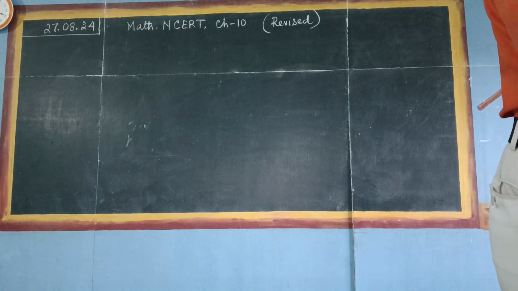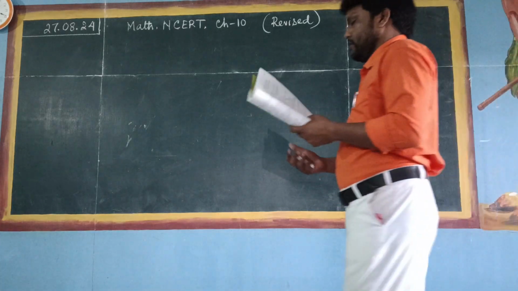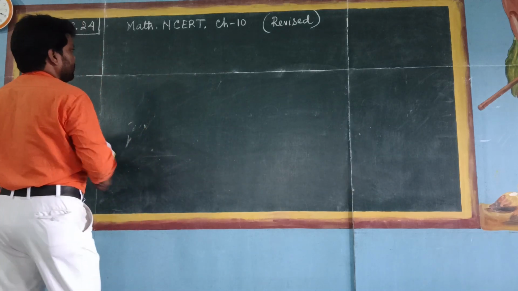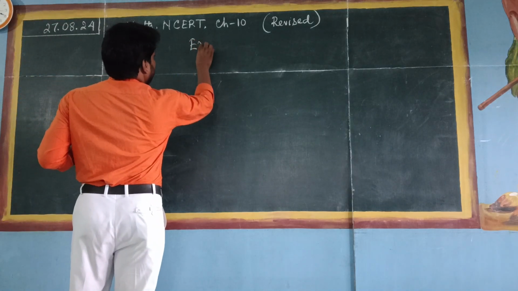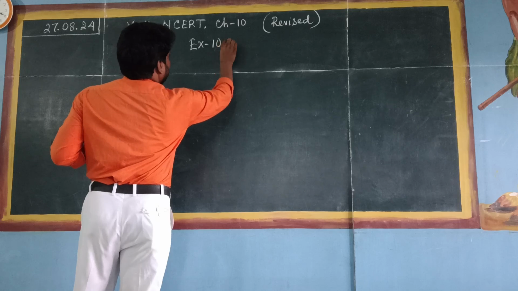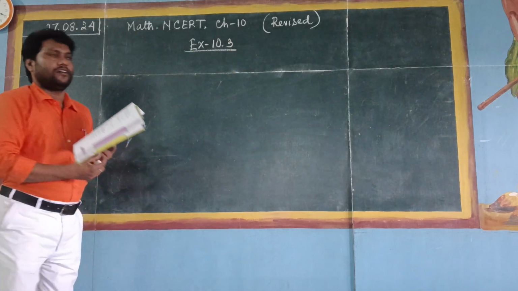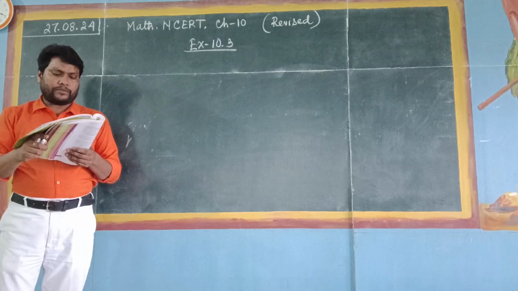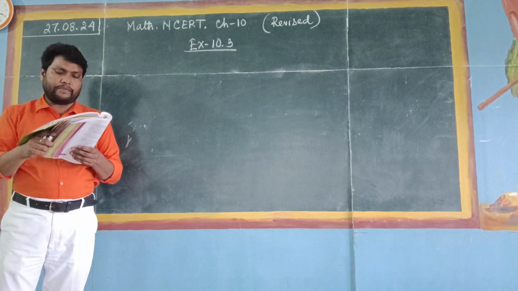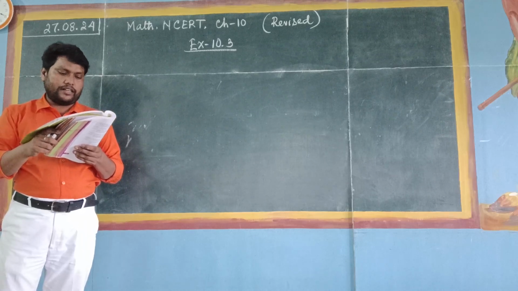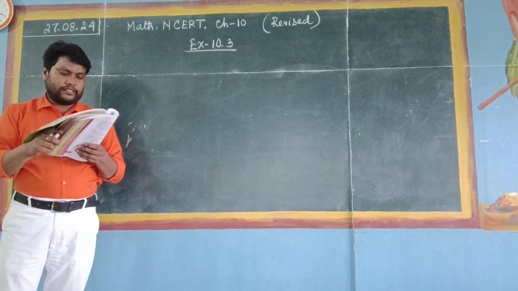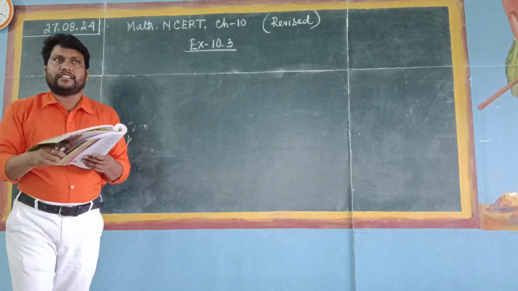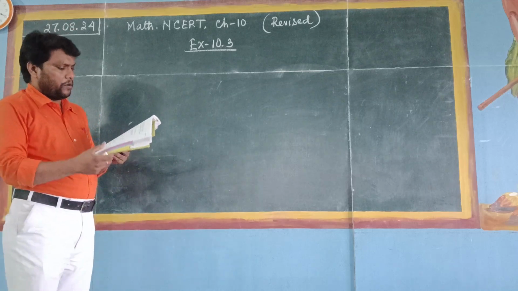Everybody open your copy. Exercise 10.3. There are problems on the basis of different kinds of square and rectangular shaped fields, gardens, tables, floors, flower beds, etc. So many problems.